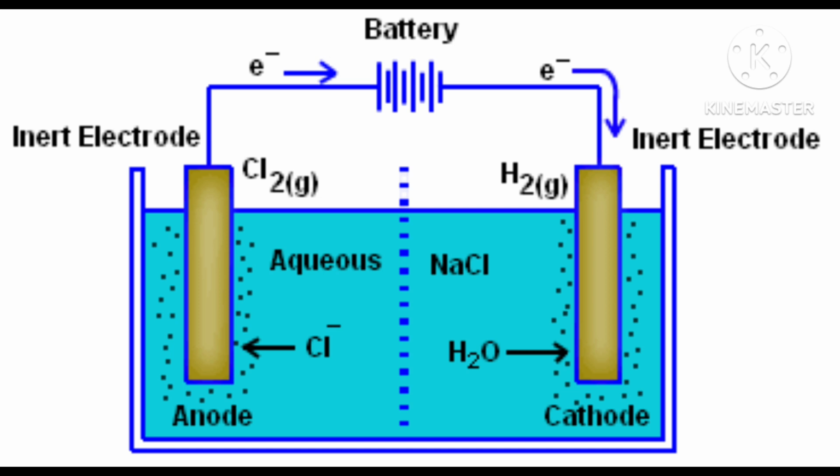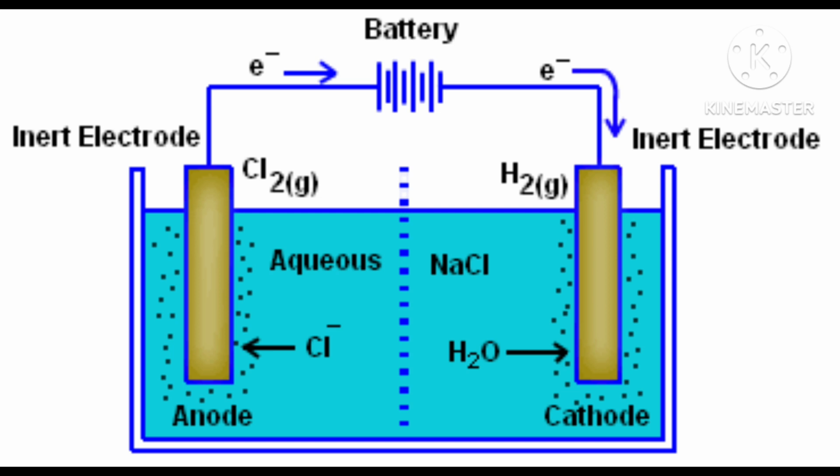How much reaction will take place depends upon how much current you have passed. The reaction takes place at the electrode, so the current you have passed is responsible for the quantity of reaction.